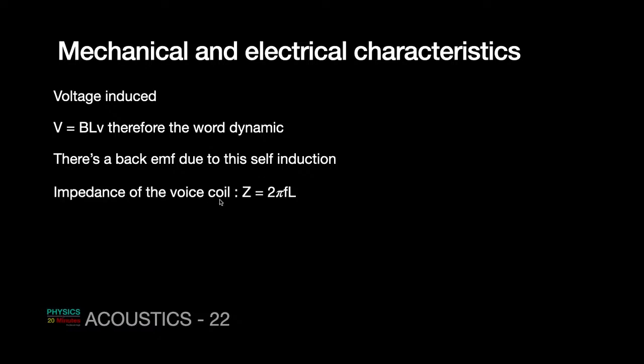Also, the impedance of any coil is given as 2 pi fL. We are well familiar with this formula in our earlier classes. So as the frequency of operation increases, the impedance will go on increasing and the current will go on dropping. So do remember that the current can drop for two reasons in the coil of a speaker. Number one, when it vibrates with high velocity.